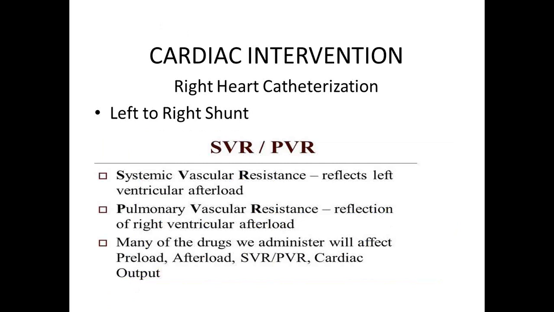So these are the things that we're going to measure when we're evaluating someone with a left to right shunt. And we just went over all the things that you're going to measure, all the parameters you need when you do a right heart cath. Okay.